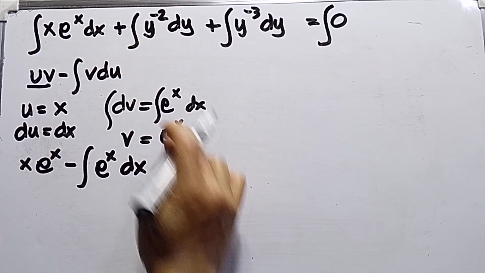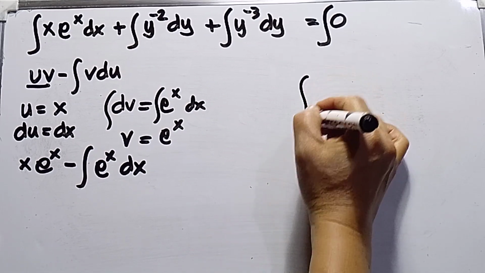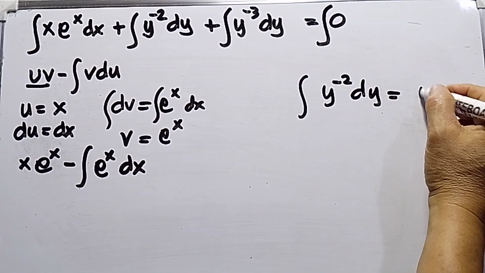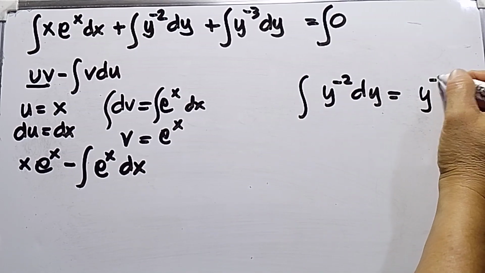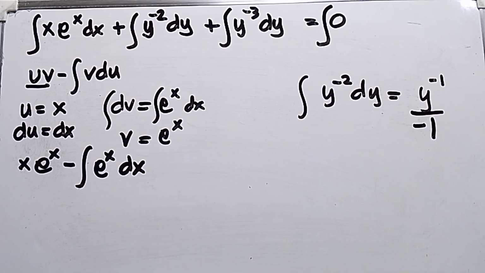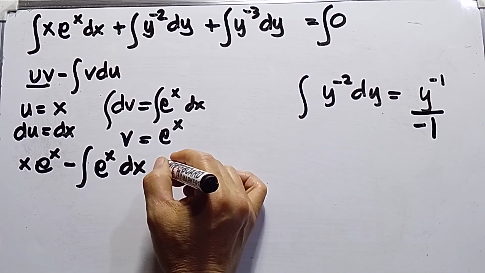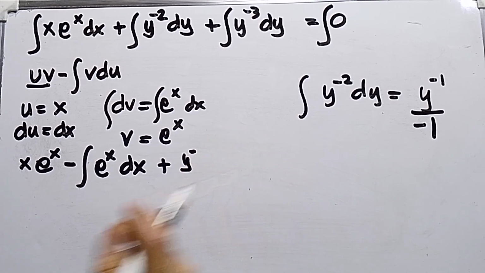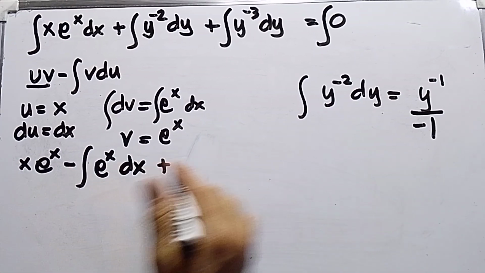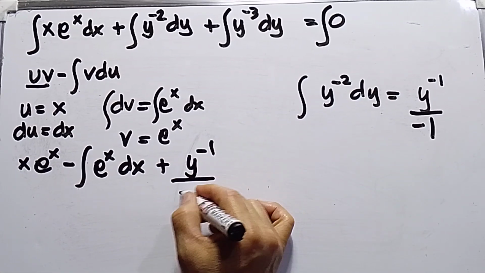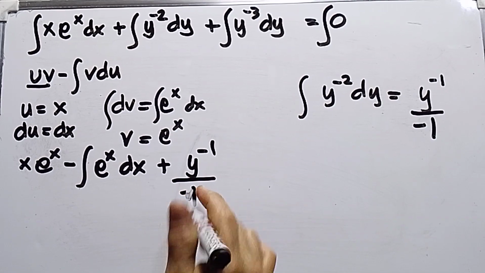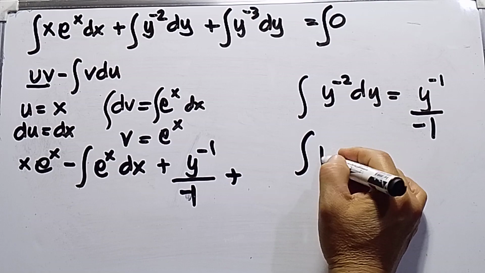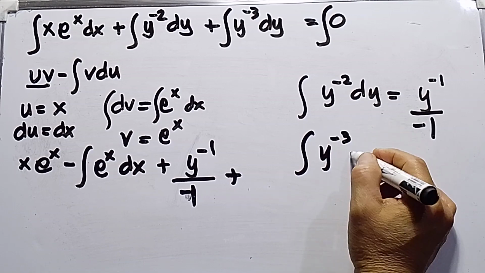Then I need to copy this one, integral of y negative 2 dy, that will be n plus 1. So this will be y negative 1 over negative 1. Then plus integral of y raised to negative 3 dy.